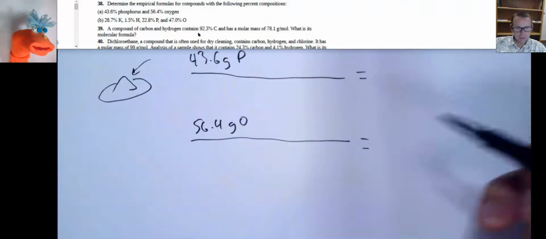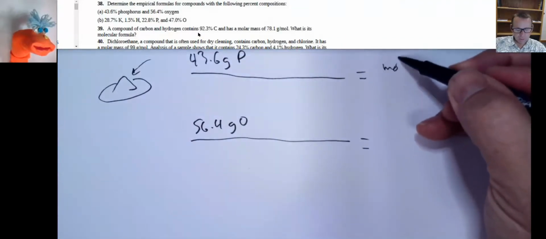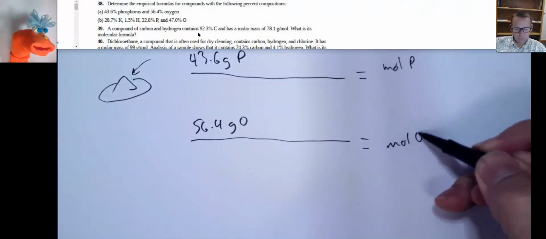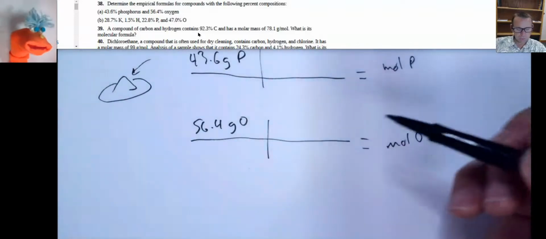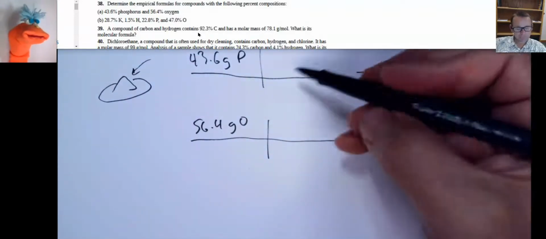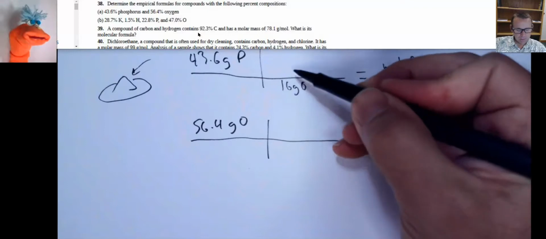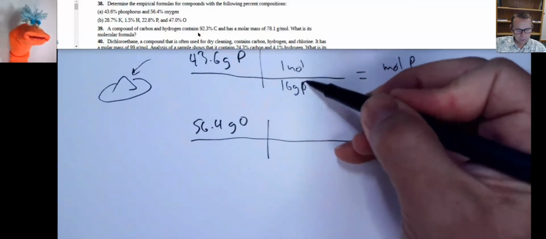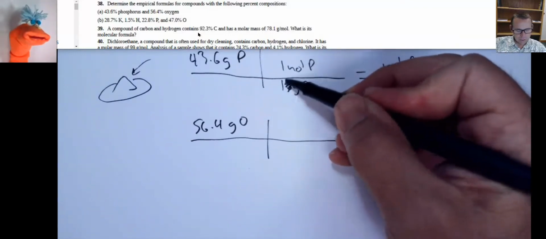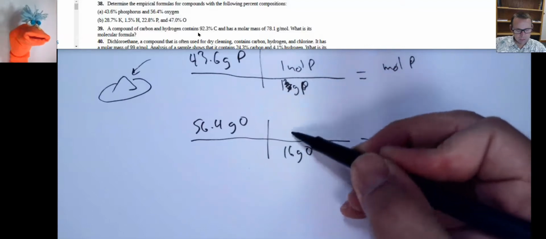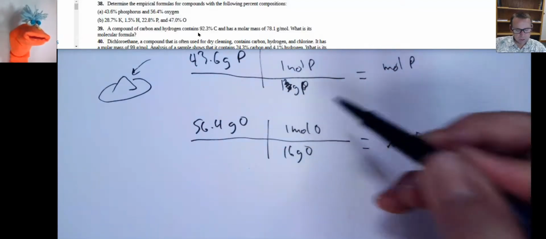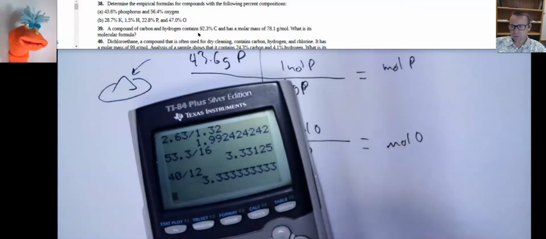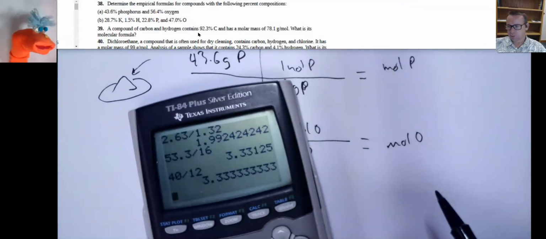Okay, and I want to identify how many moles of those I have, right? Why do I want to go to moles? Because you want the molar ratio to get the empirical formula. Yes, that's right. 16 grams of oxygen for every mole. Oh, this is phosphorus. It's not 16. This is 16 grams of oxygen for every 1 mole of oxygen. What's phosphorus? Can you see the periodic table?